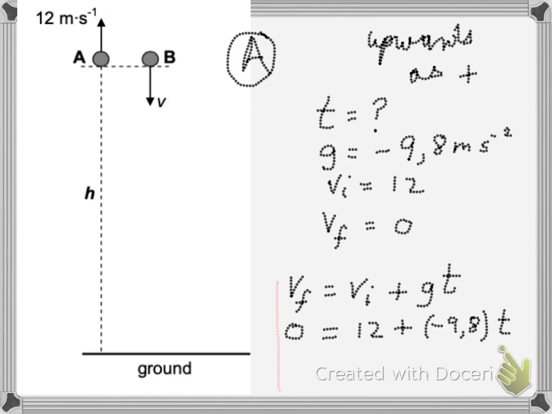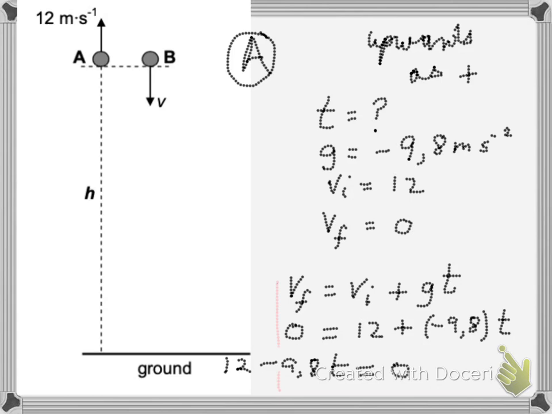So that will be 12 minus 9,8t is equal to 0.